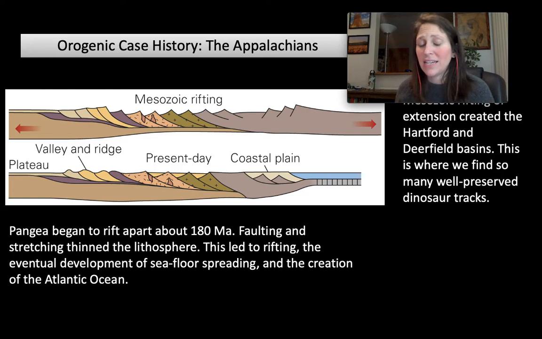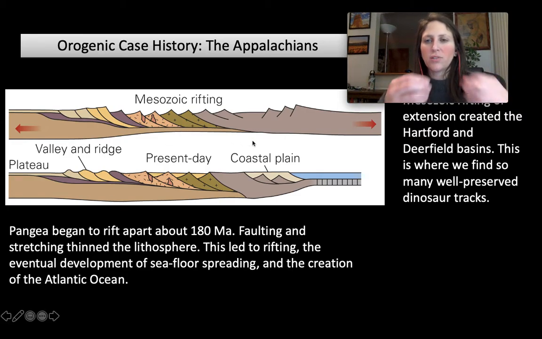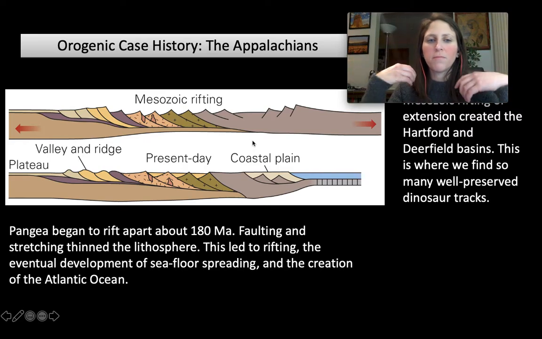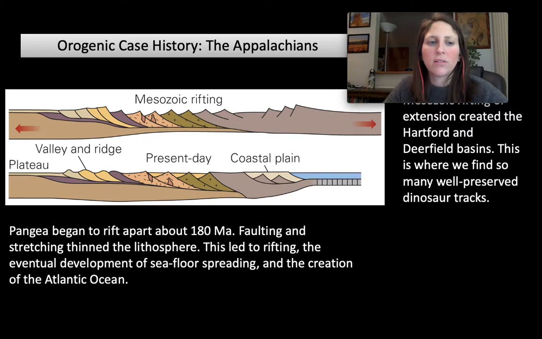The last tectonic activity to happen to the Appalachians is this Mesozoic rifting. Pangaea formed our supercontinent. Over a few million years, it decides that it doesn't want to be together anymore, so now we get rifting. The continent is now being pulled apart. And then this is what present day looks like.